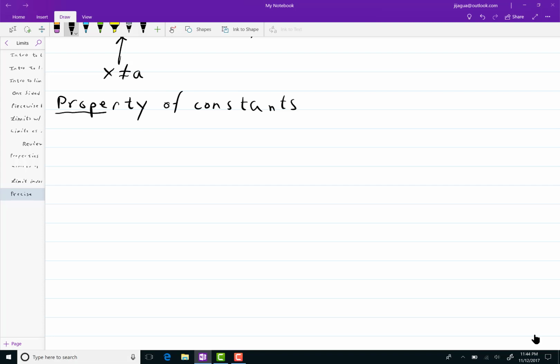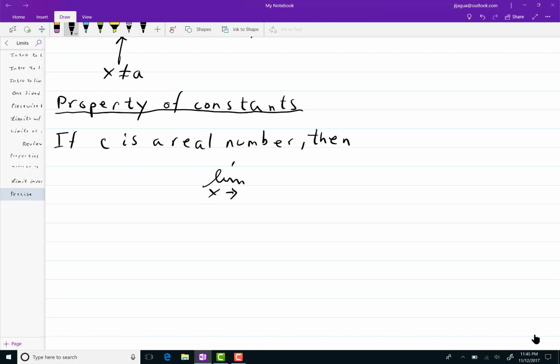This one says if C is a real number, then the limit as x goes to A of C equals C.